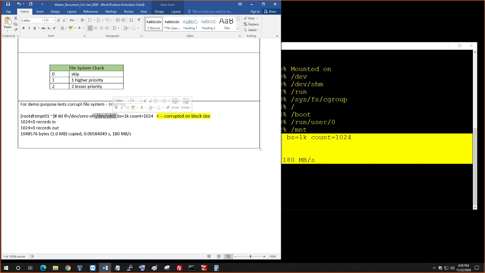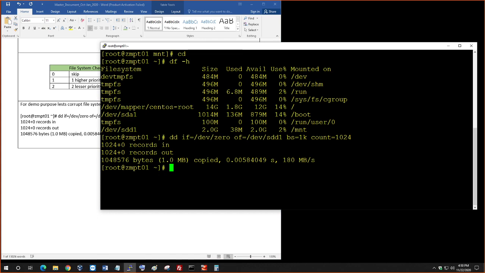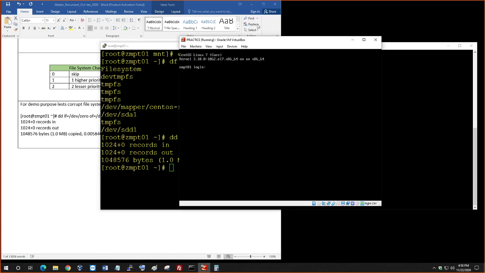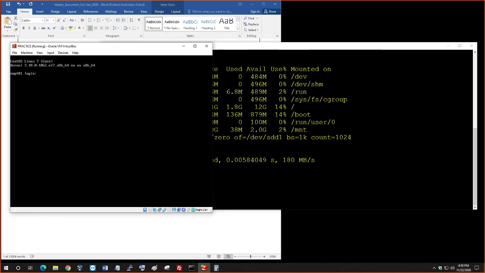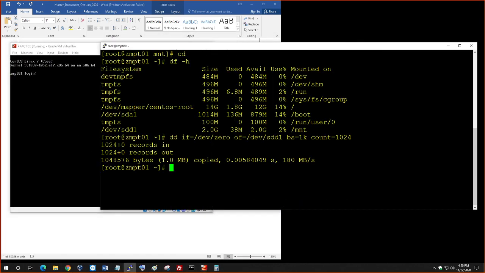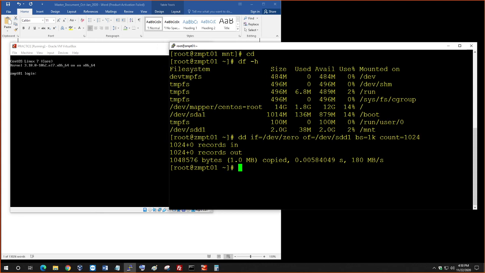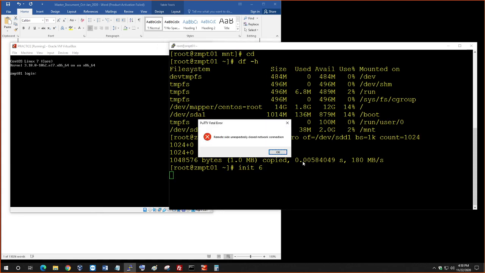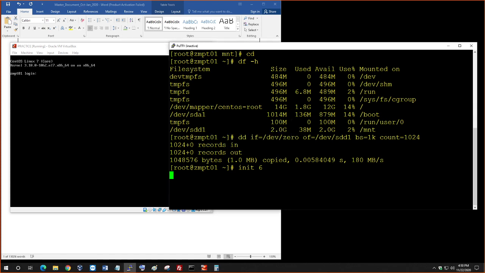Okay, so take a second look here. It will go into emergency mode. I'll leave this here to the side. Now that I have run the command, I'm going to restart the system. So this should definitely go into emergency mode.